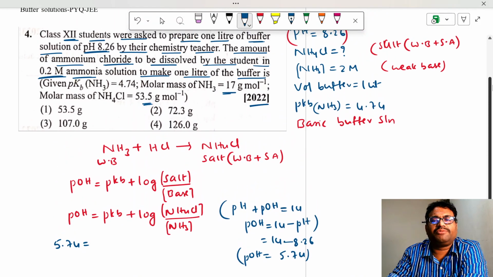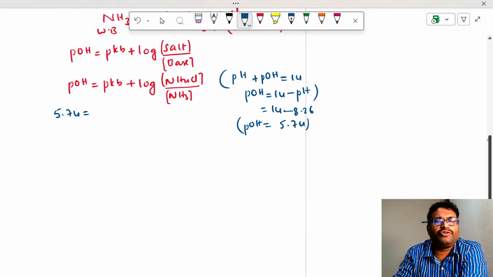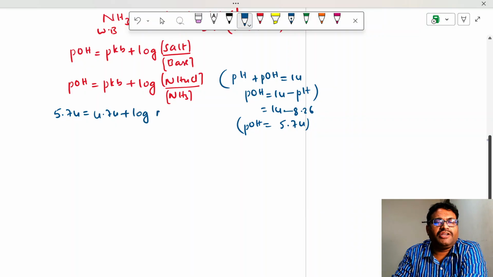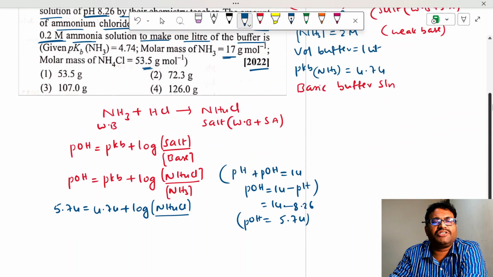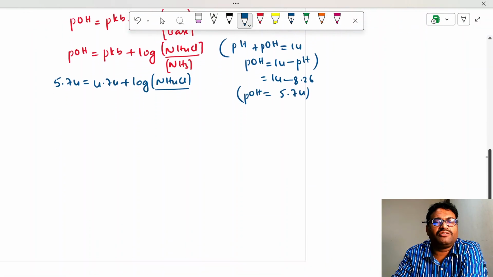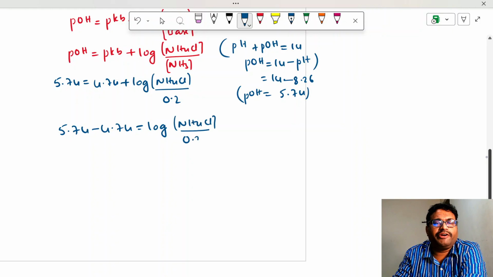then what is pKb given? 4.74. 4.74 plus log of NH4Cl concentration by NH3 concentration. How much is given? 0.2 molar. So if 4.74 comes to this side, 5.74 minus 4.74 is equal to log of NH4Cl concentration by 0.2 molar, that is equal to 1.